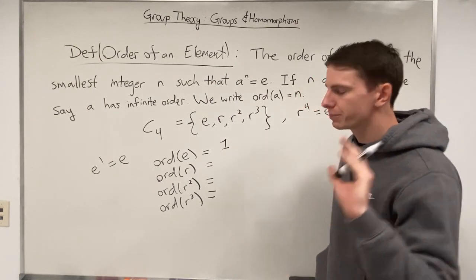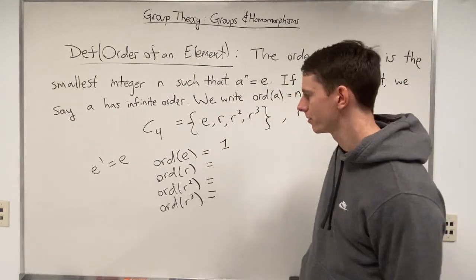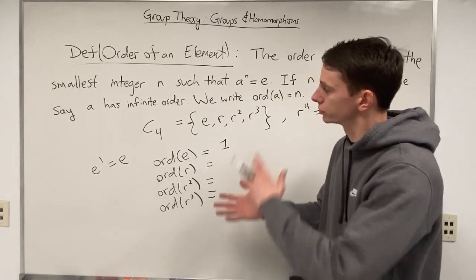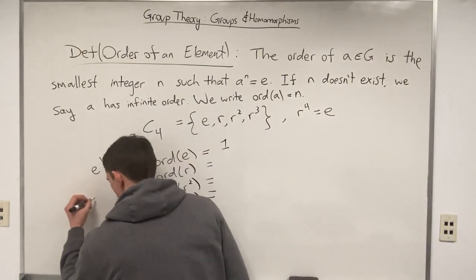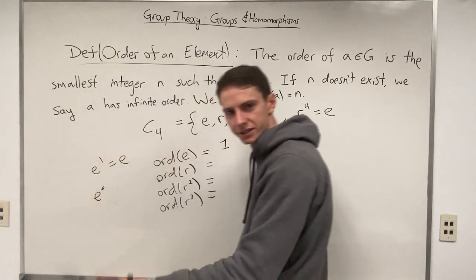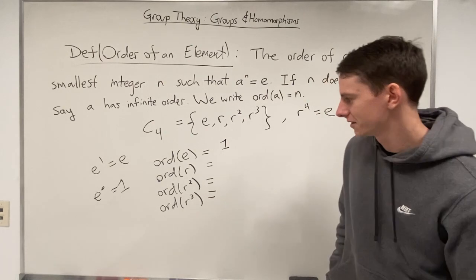And what people might be thinking here, and something that I initially thought when I was first learning about this stuff, is how come we can't just say E to the 0th power? Because isn't anything to the 0th power equal to the number 1? And isn't 1 the identity?